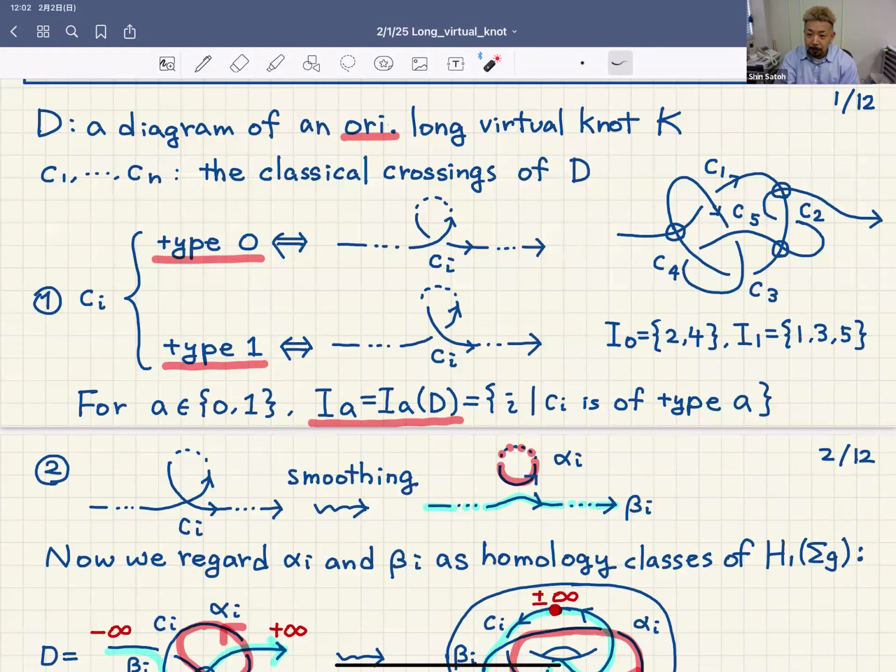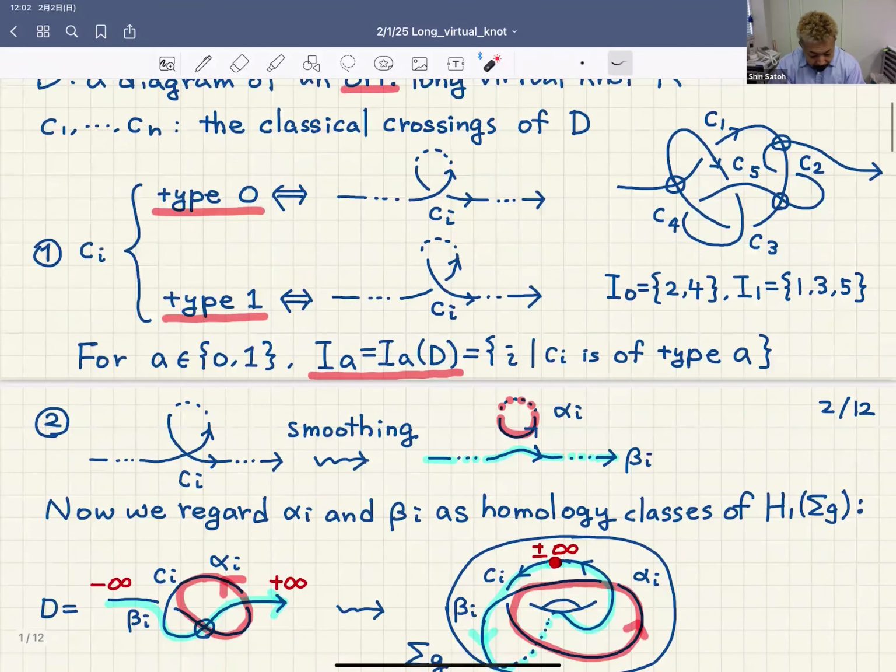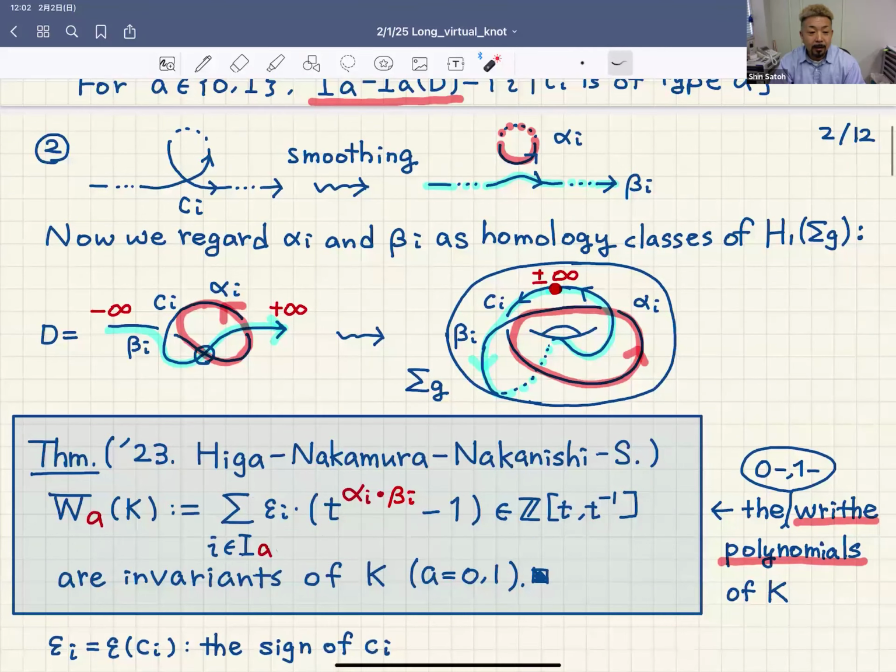Next, we smooth the diagram at the crossing Ci coherently. Then we obtain a pair of curves consisting of a loop component alpha i and an arc component beta i.